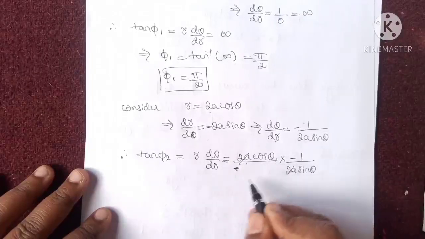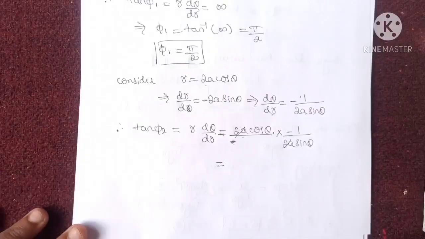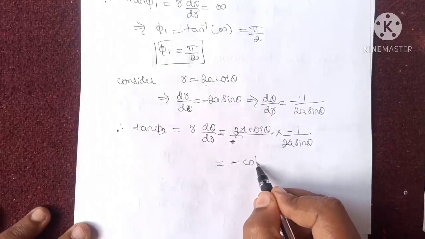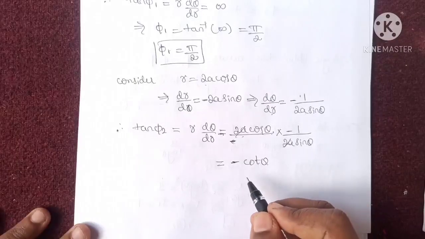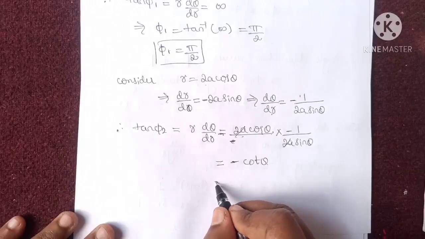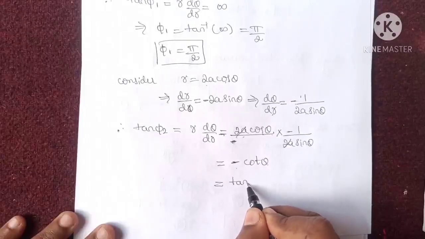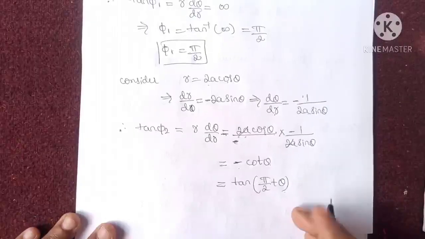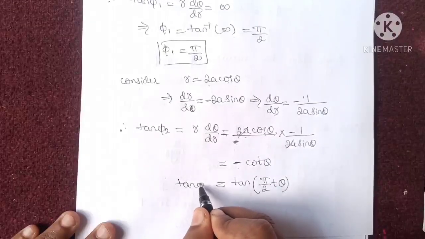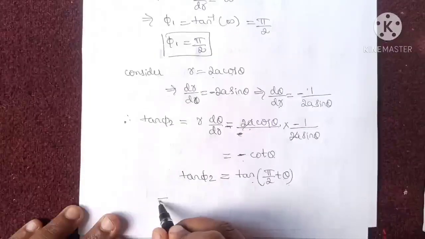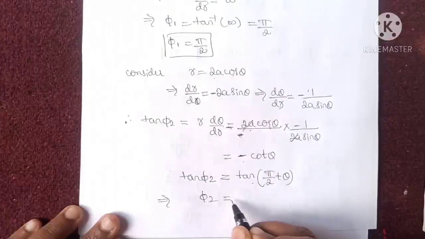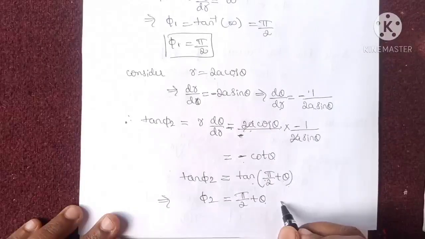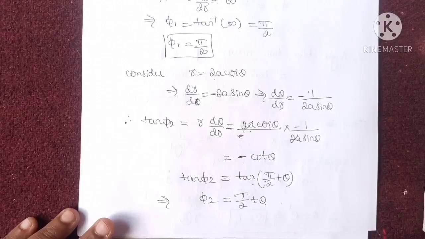The 2a cancels, and we get minus cos by sin, which equals minus cot theta. This can be written in terms of tan as tan of pi by 2 plus theta. So tan phi 2 equals tan of pi by 2 plus theta, which implies that phi 2 equals pi by 2 plus theta.